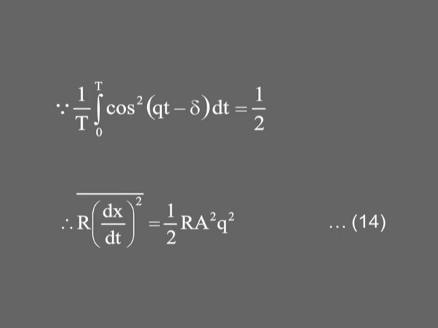Therefore, the average value of r (dx/dt)² is equal to 1/2 r a² q². This is equation 14.